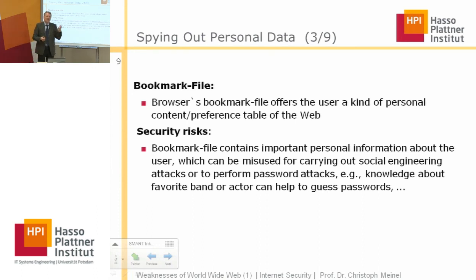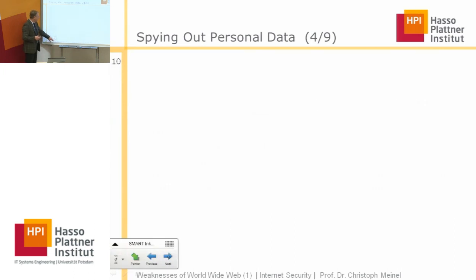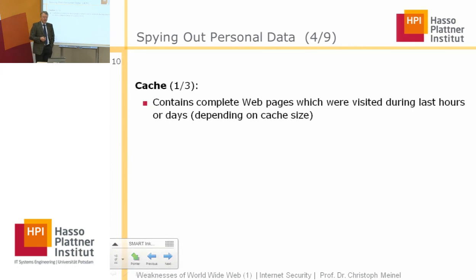You remember, very often chosen passwords are the main hero in cinema, or the name of the band most likely used, or family information or others. So all this information one can retrieve from such an activity log like the bookmark file.